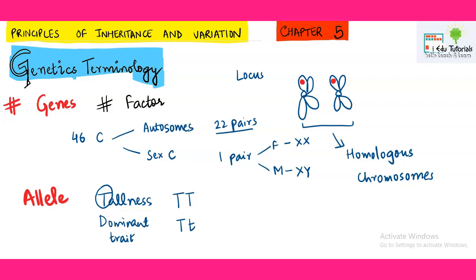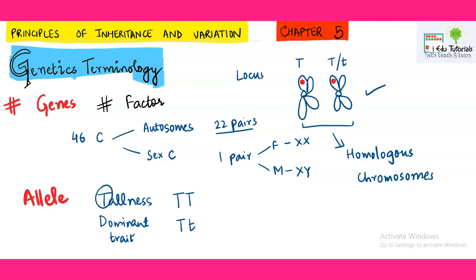That means if these are the chromosomes which I have drawn here, and these are chromosomes which are controlling the tallness in the pea plant, then it could be capital T capital T, or it could be capital T small t.